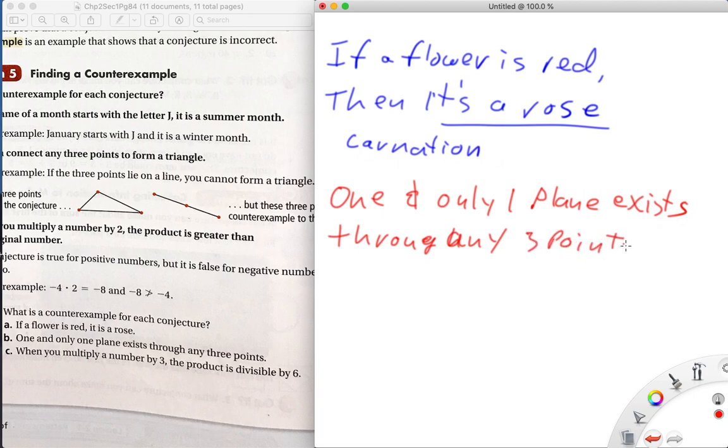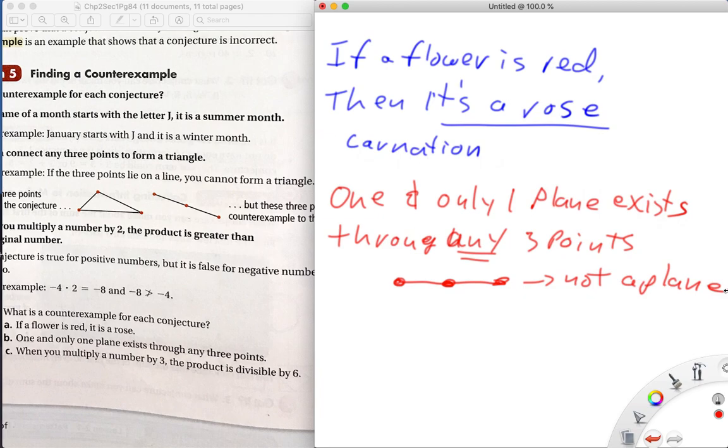So, it says through any 3 points, right? Remember that we need 3. What about collinear points? We said that if we have 3 collinear points, this can't be a plane. They had to be non-collinear. So we just proved a counterexample, because that is a set of 3 points that is not a plane. Therefore, it can't just be any 3 points. It has to be non-collinear.